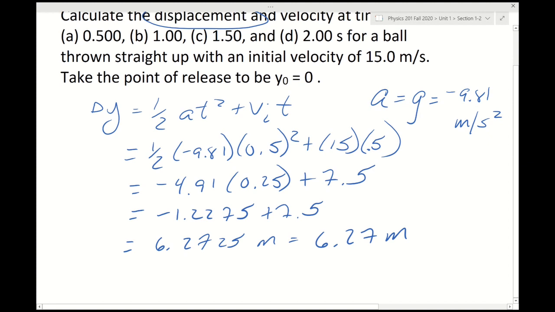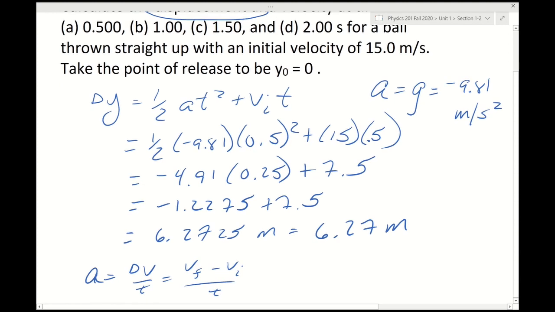To find the velocity, remember acceleration is equal to delta v over t, which is vf minus vi over t. So negative 9.81 is equal to vf, which is what we're looking at the half second mark, minus the initial, which is 15 meters per second, over a time of a half second.